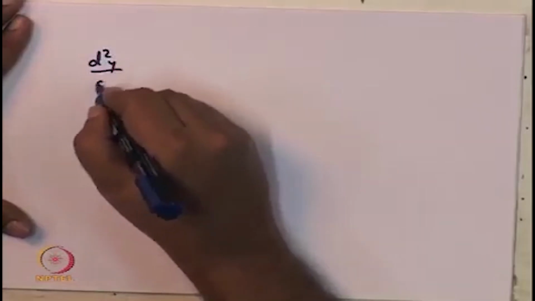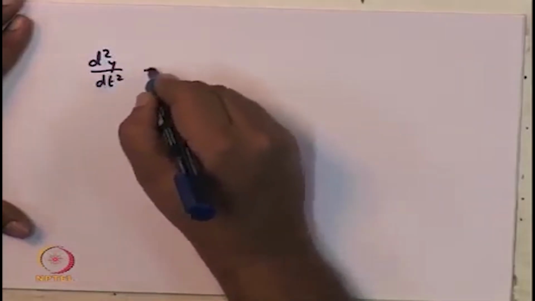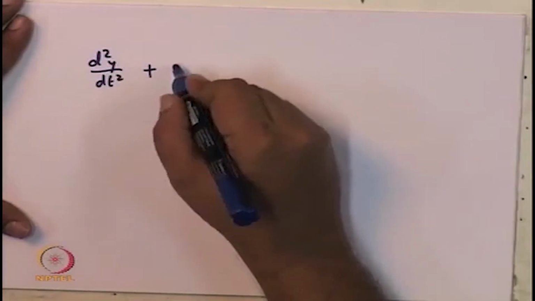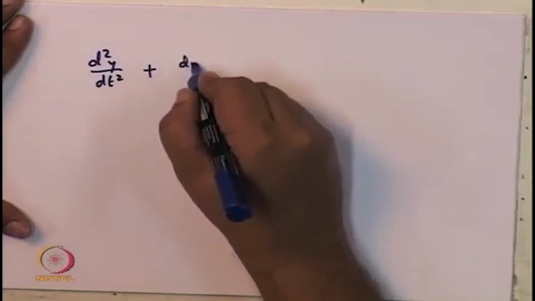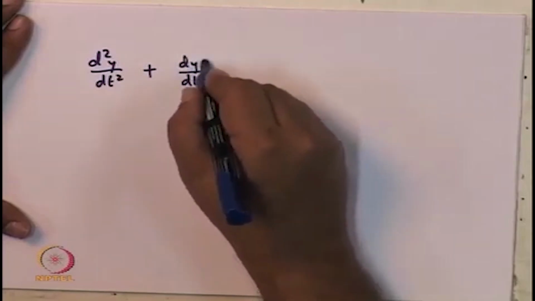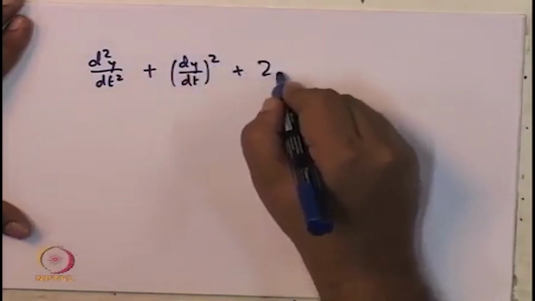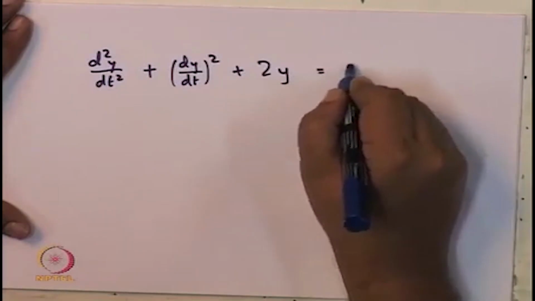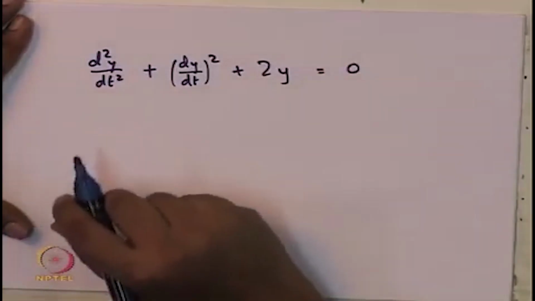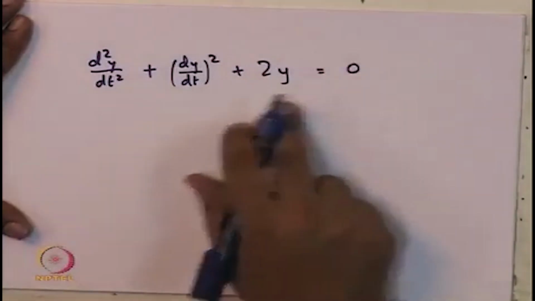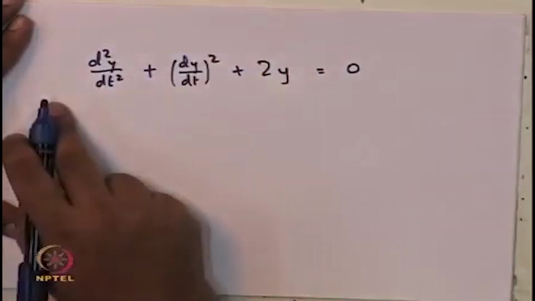Okay, so suppose you were to look at an equation like, let us say, the second derivative of y plus, let us say, the first derivative of y squared plus, let us say, 2 times y equal to 0. Now, one wants to analyze this system.